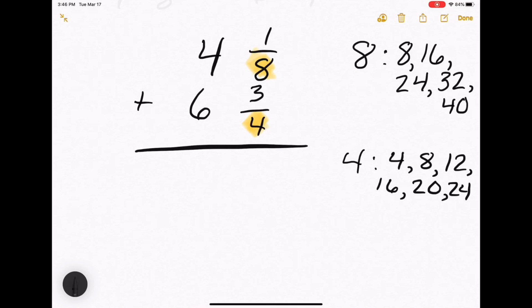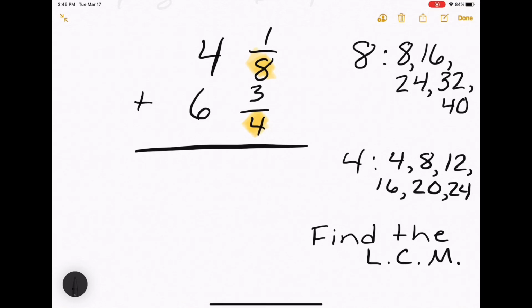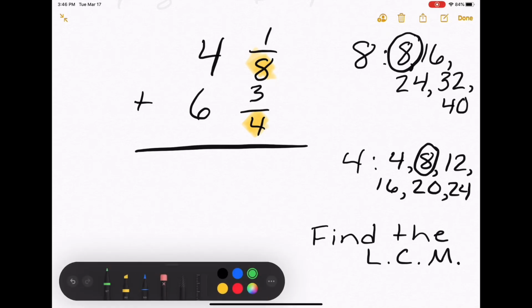The least common multiple is the number they have in common and appears on both lists, and in this case is the number 8. Luckily, I only have to change my 3/4 to 8ths to be able to work out my addition equation.